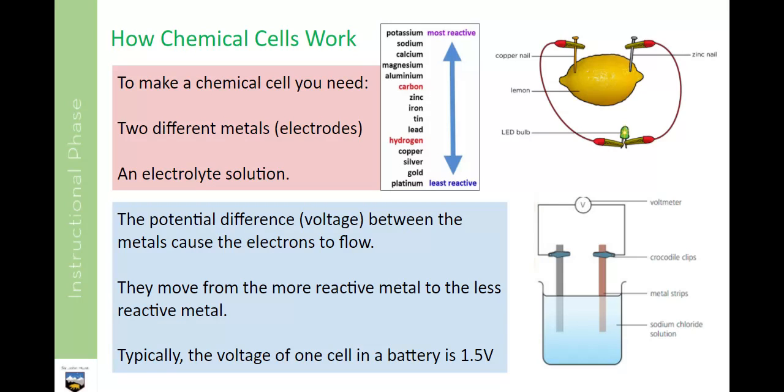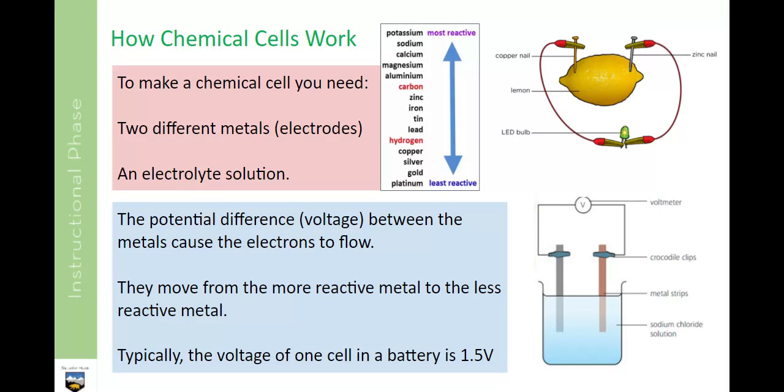You can see if we looked at copper and zinc, copper is relatively low at the bottom, fourth one from the bottom, whereas zinc is just below carbon. So zinc is more reactive than copper. So the electrons flow from the zinc electrode over to the copper electrode, and that is what is causing the flow of electrons. It's the difference between the two metals.